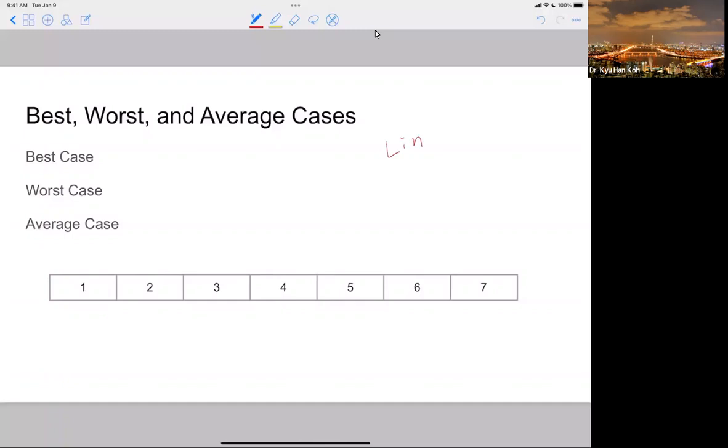linear search or sequential search. So when you try to find a certain target, a certain number or item, in the linear structure, how do we search it?